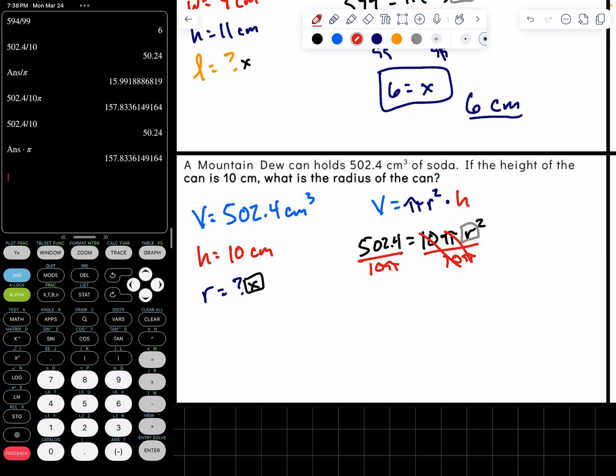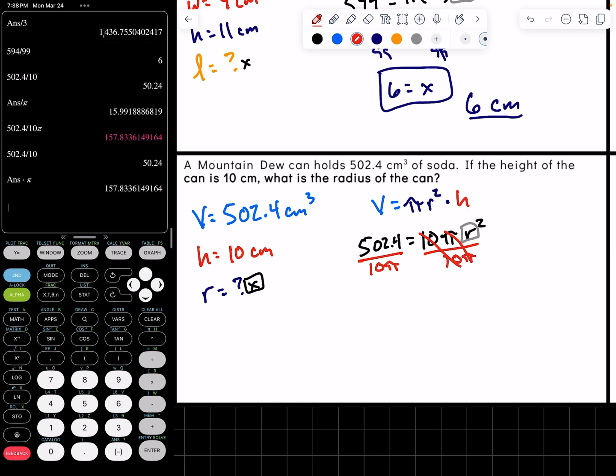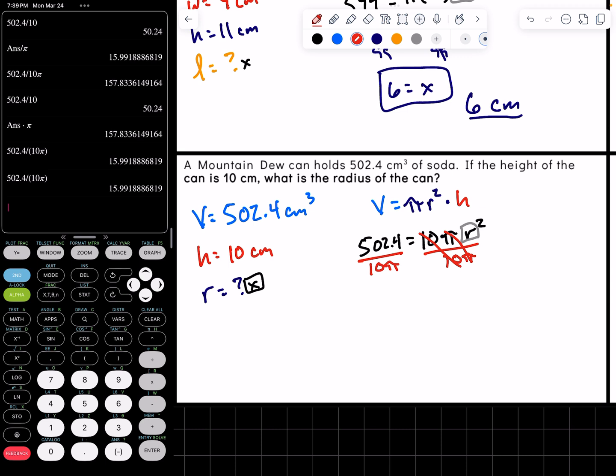If I want to use this type of a formula, what I need to make sure I do first is put parentheses around that 10 pi. That way, it works it all the way down and combines it, okay?